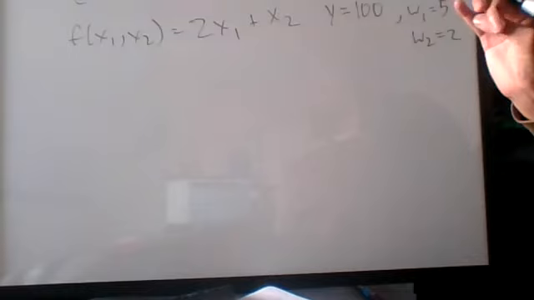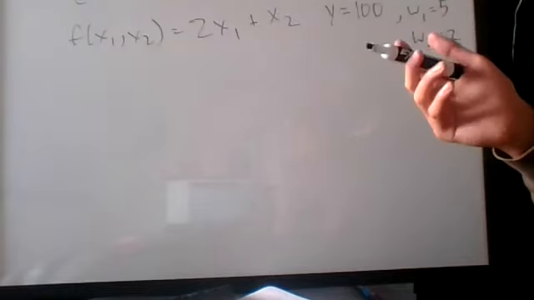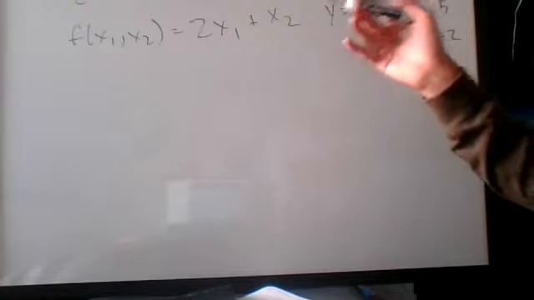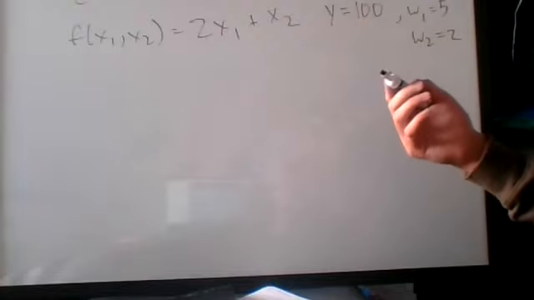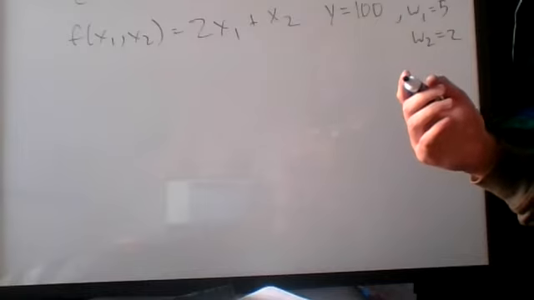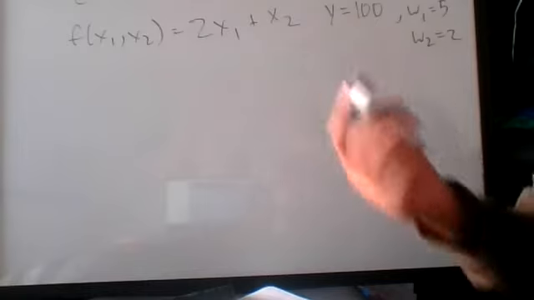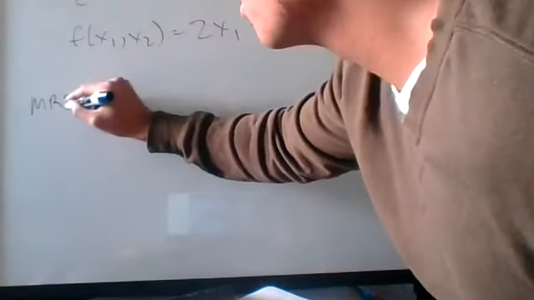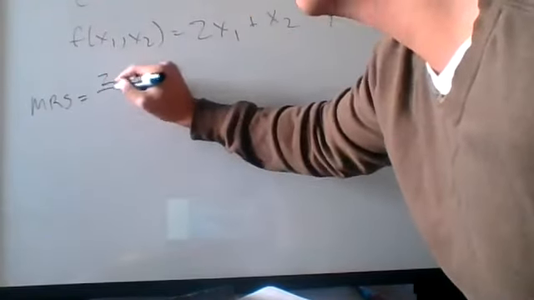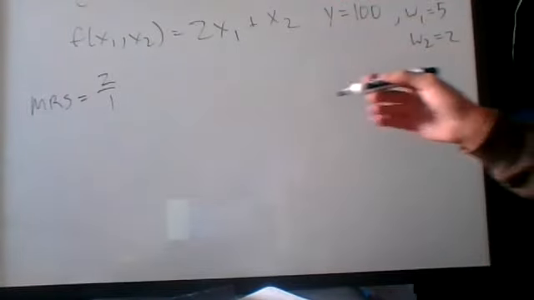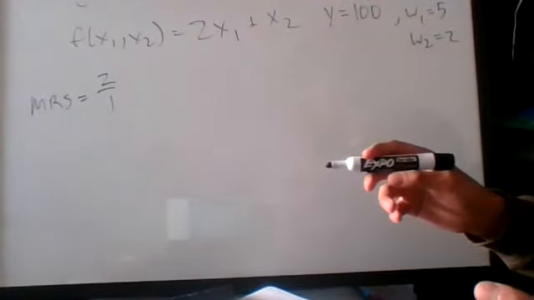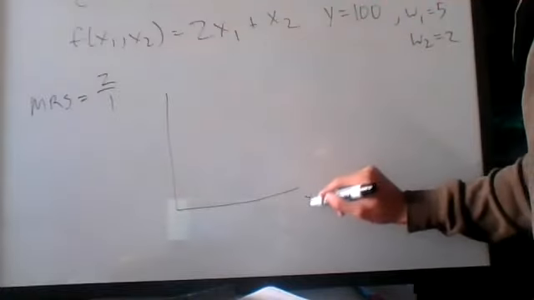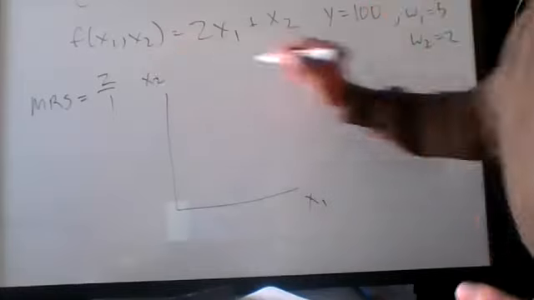So, kind of like how we would always do it, right? I mean, there's many ways of doing a perfect substitutes question, but the way that I've always taught it is you find your MRS, right, which is 2 over 1. And because we don't have diminishing marginal rate of substitution, that means that we're going to have a corner solution, right? So our x1 and our x2 axis right here.